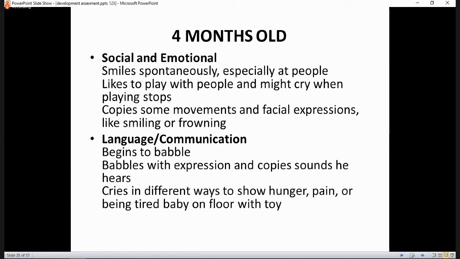In the language, they begin to babble. Babbles with expression and copies sounds he hears. They may show different ways to show hunger, pain, or being tired. Baby on the floor with the toys.